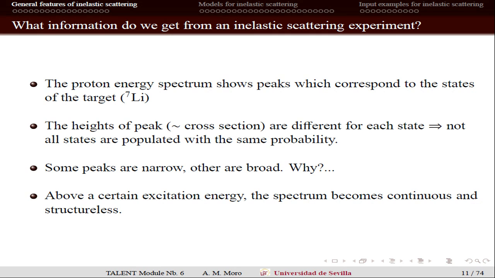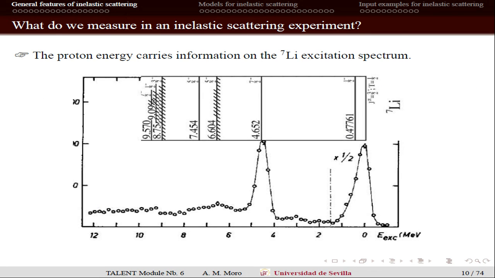And then not all the peaks have the same width. Some of them are very narrow, some of them will be broad. So again, this is something that we cannot get directly from the spectrum. We have to rely on some theory. And then, as we saw, above a certain excitation energy in the spectrum, we still get some counts, but without any particular structure.